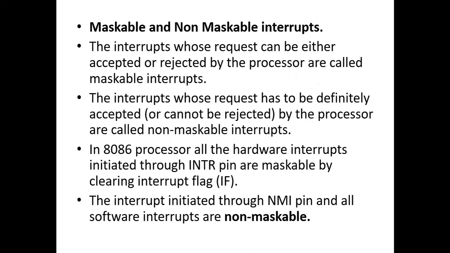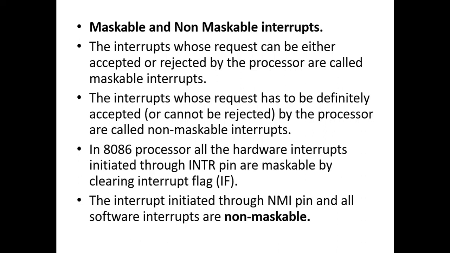Now coming to maskable and non-maskable interrupts. Interrupts whose requests can be either accepted or rejected by the processor are called maskable interrupts. The processor can inhibit certain types of interrupts by use of a special interrupt mask bit. We already studied the interrupt flag in the flag register.